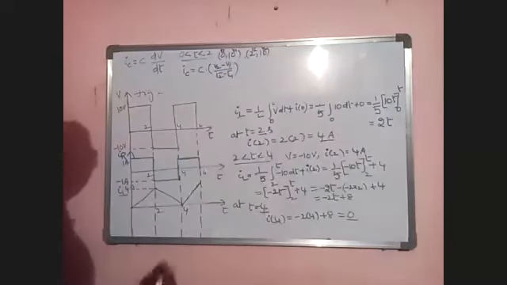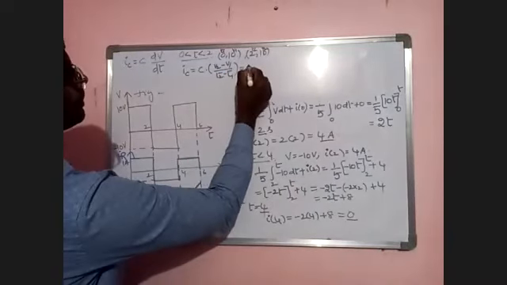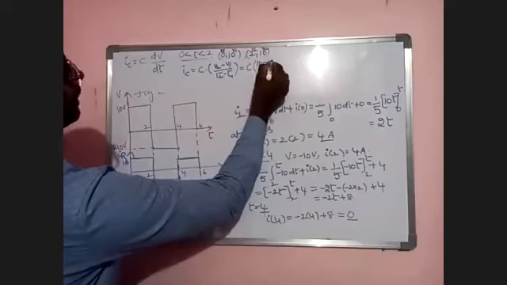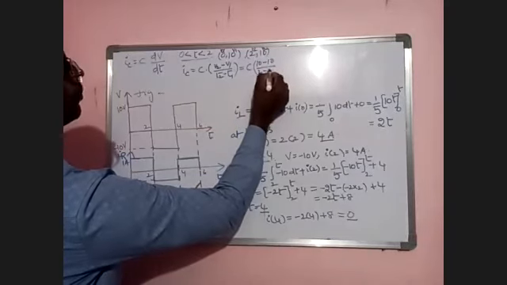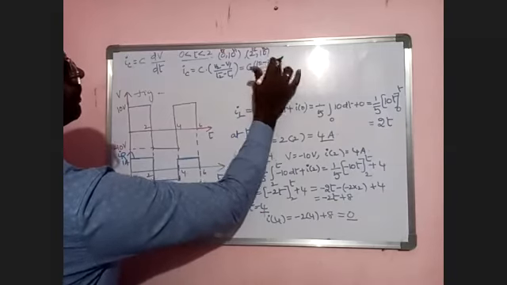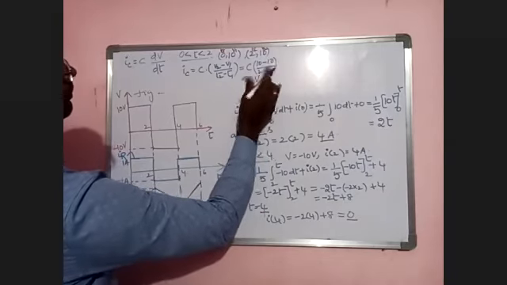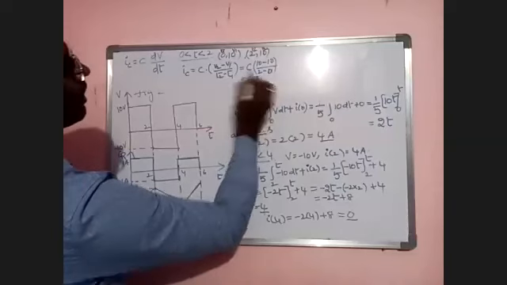This will give C into 10 minus 10 by 2 minus 0, which is equal to 0 amps.